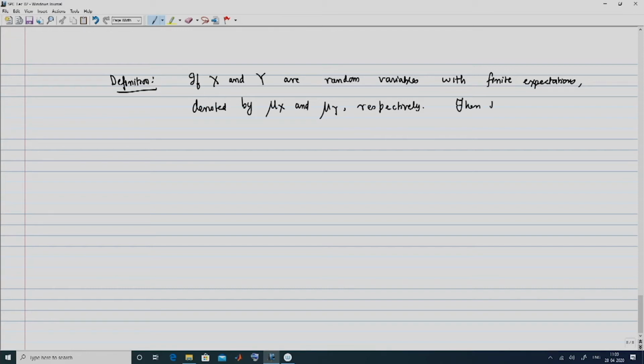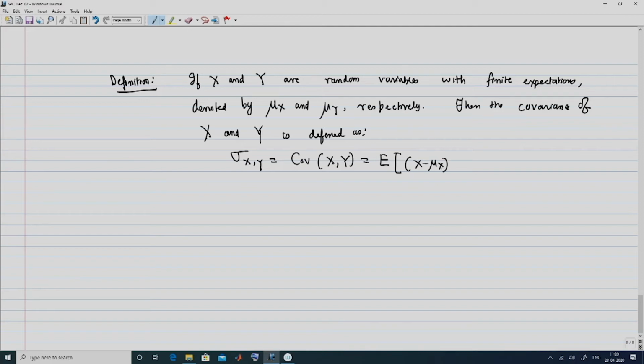Then the covariance of x and y is defined as, so the notation for this is sigma x comma y, and it is also represented by COV for covariance of x and y, and this is defined as the expectation of x minus mu x times y minus mu y.